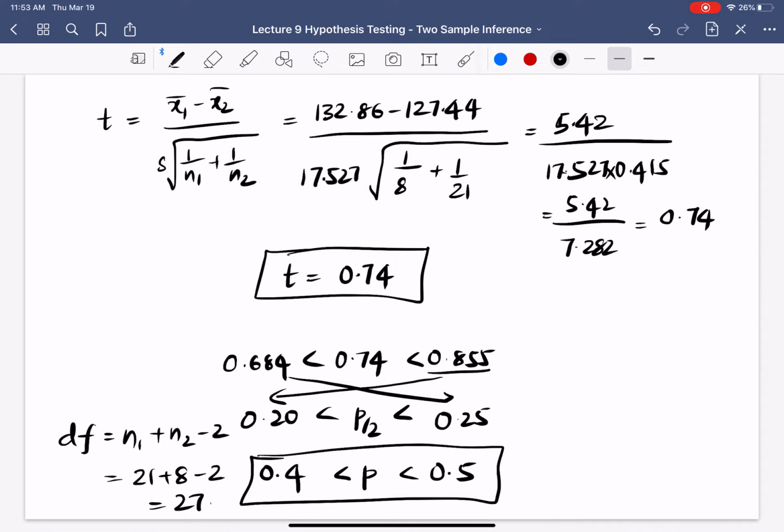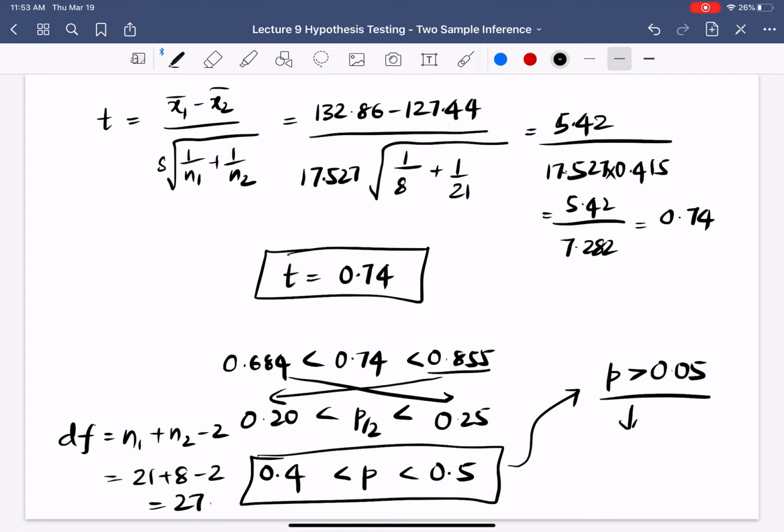So now once we have the p-value, what can we do? So notice the p-value here lies between 0.4 and 0.5, which means that the p-value is greater than 0.05.